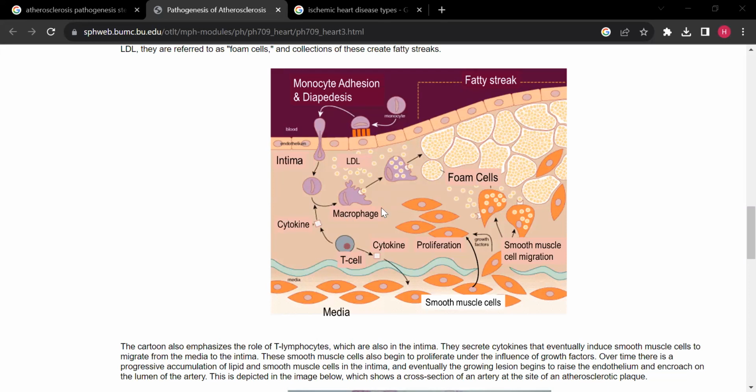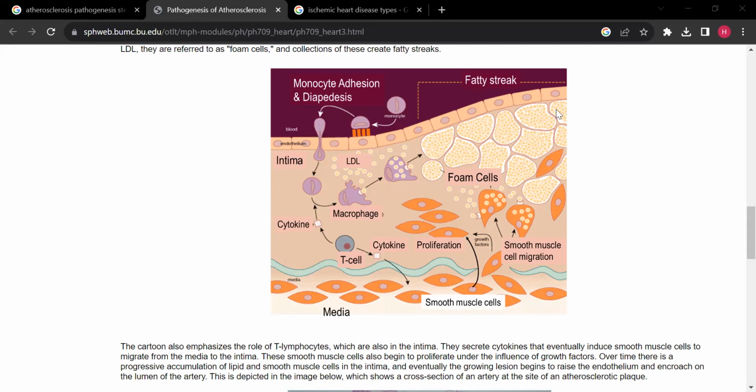Macrophages, we know, phagocytose antigens or just anything that is not supposed to be there. So this oxidized LDL is phagocytosed by the macrophages, and the macrophages keep on phagocytosing this LDL and they become foam cells.